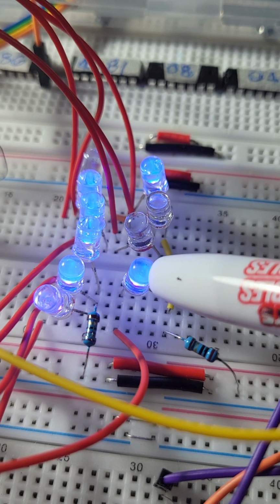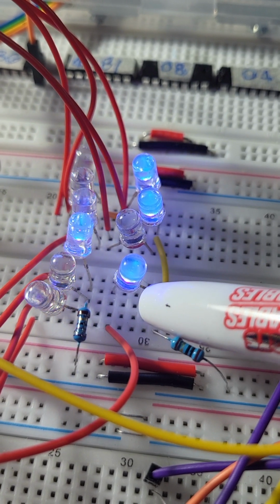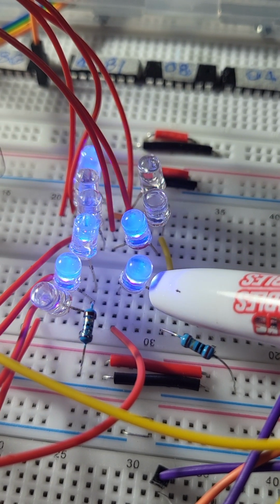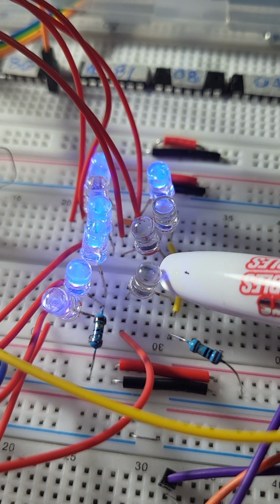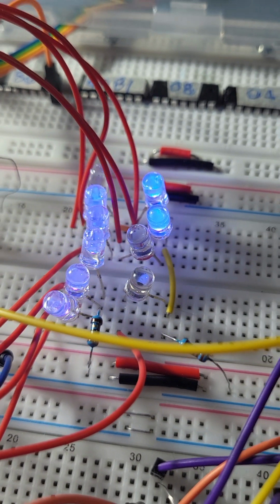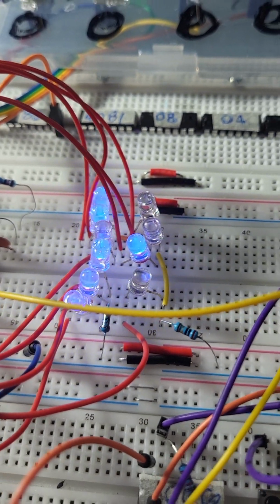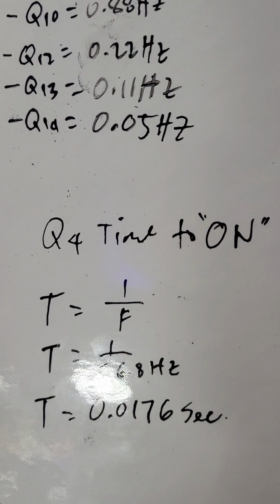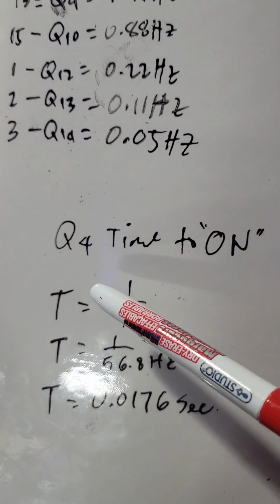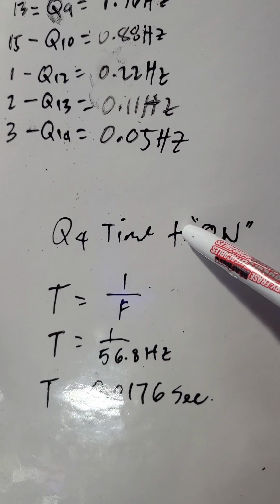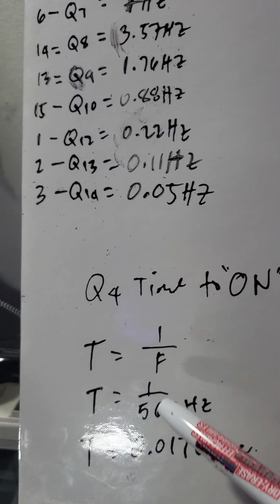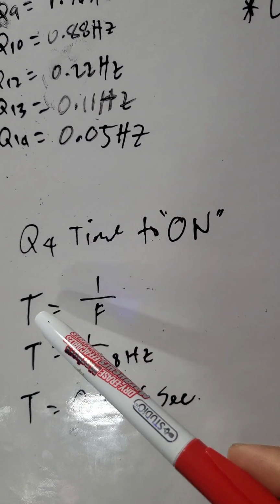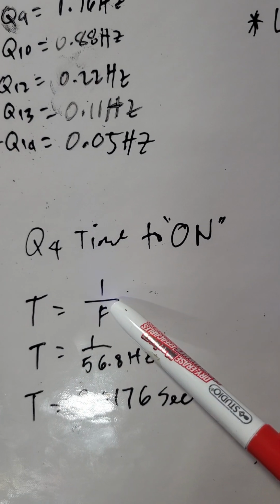See, on, then off. Okay, so it's around 20 seconds more or less, because we computed the time for Q4 to turn on, and the time is 1 over frequency.